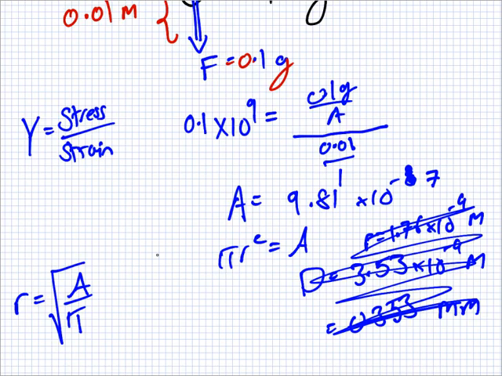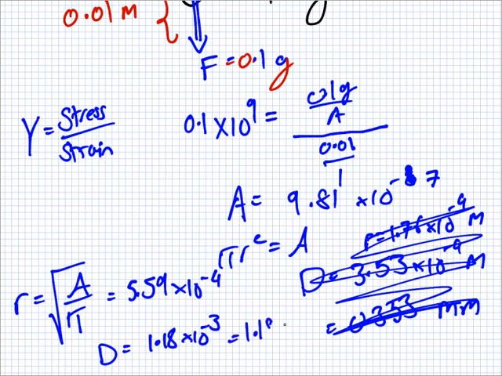Yeah, the radius is 5.59 times 10 to the minus 4. Maybe you're right, Grace. So the diameter is 1.18 times 10 to the minus 3. So that's 1.18 millimeters. You got this?